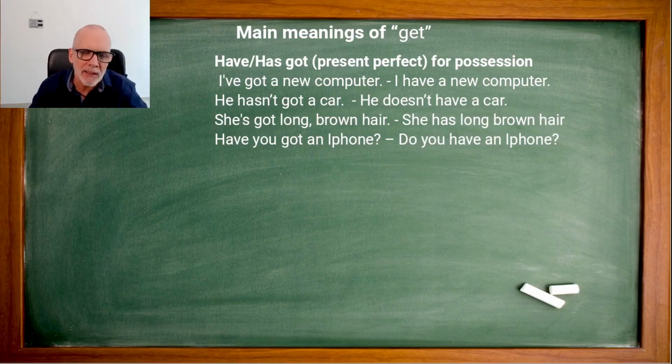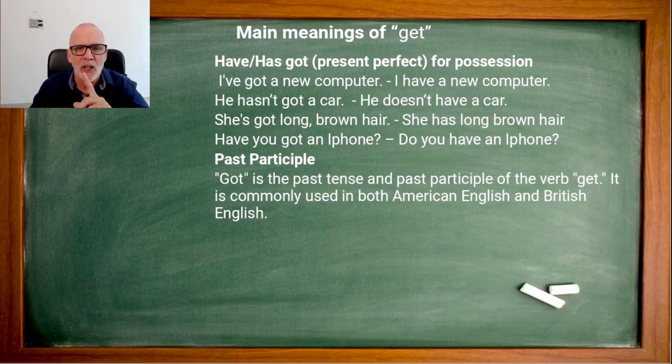There's one more thing that I want to comment on before I finish this video, and that is the past participle of the verb get. Got is the past tense, and the past participle of the verb get is commonly used in both American English and British English.